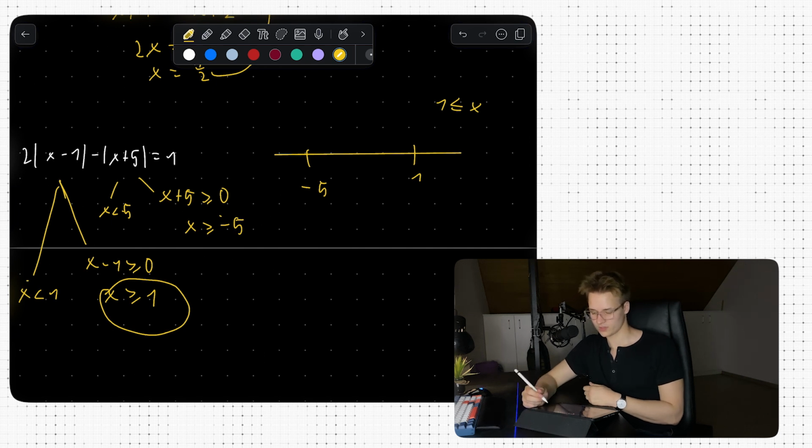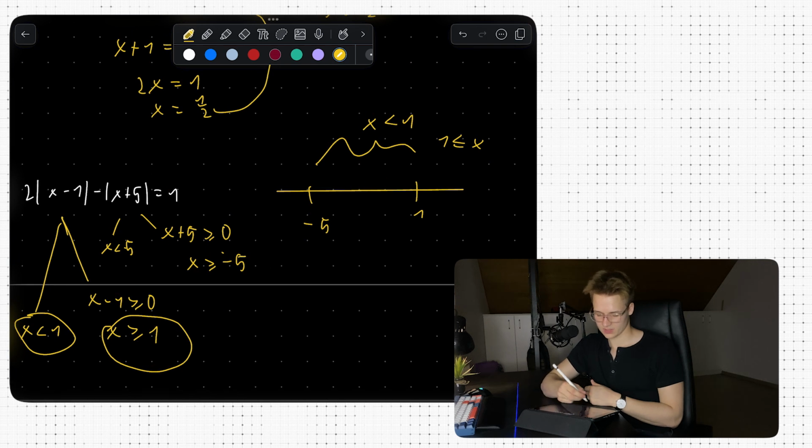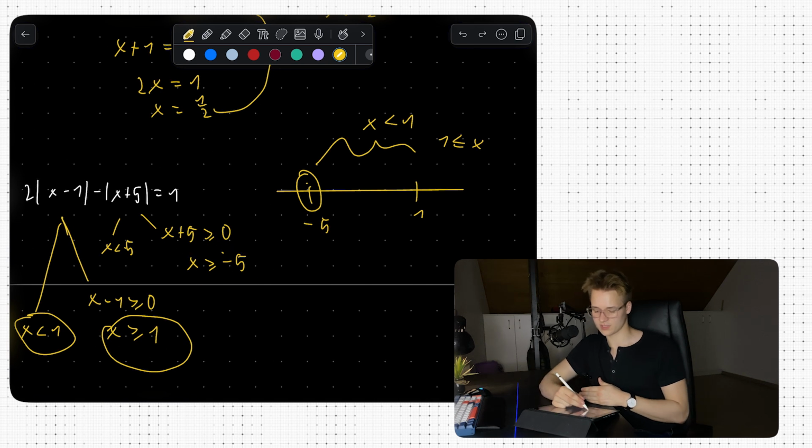Here we're going to use this one, so in this range we're going to use this one because we've already used this one. So it's not going to be less than or equal to 1, it's going to be just x less than 1. And then here, we have to go to the right of minus 5. To the right of minus 5 is greater than or equal to.